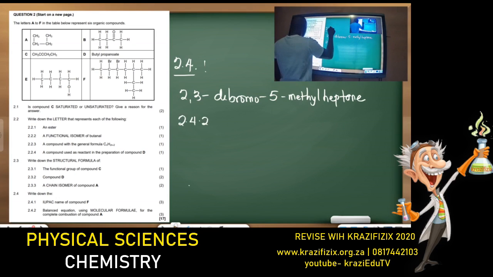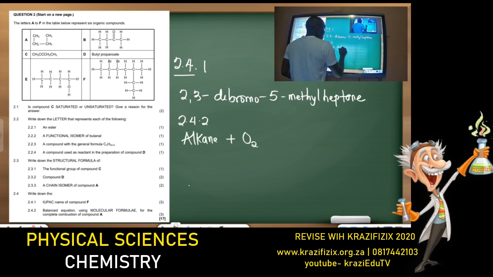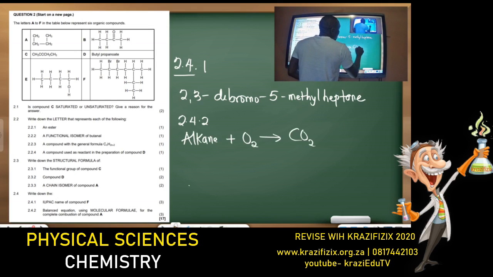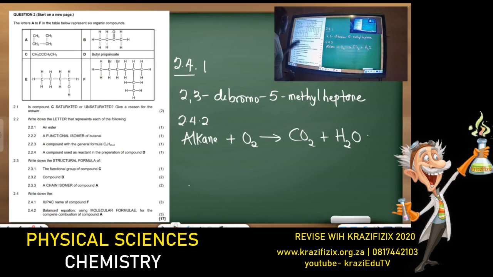2.4.2: The balanced equation using molecular formula for the complete combustion of A. Listen, when alkanes burn in oxygen, that's combustion, they form carbon dioxide and water. So we need to write that and balance. A is C4H10.